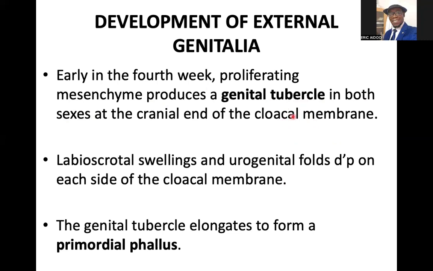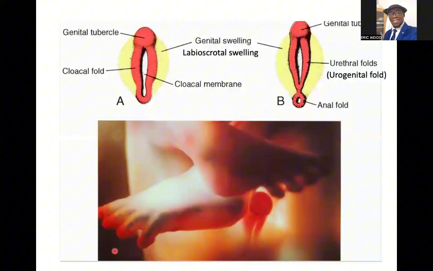So for the cloacal membrane, you are looking at the portion of the hindgut where you have the cloaca, right? And then you also have the membrane covering the cloaca, which is the cloacal membrane. You have labioscrotal swellings and urogenital folds which develop on each side of the cloacal membrane. The genital tubercle will elongate to form a primordial phallus.